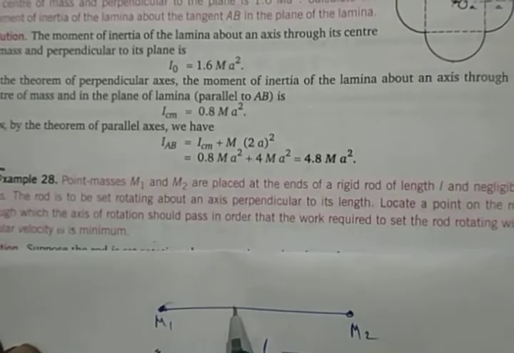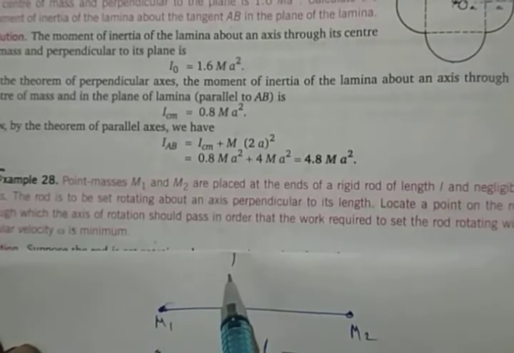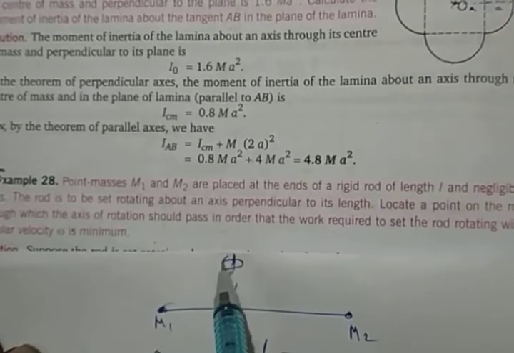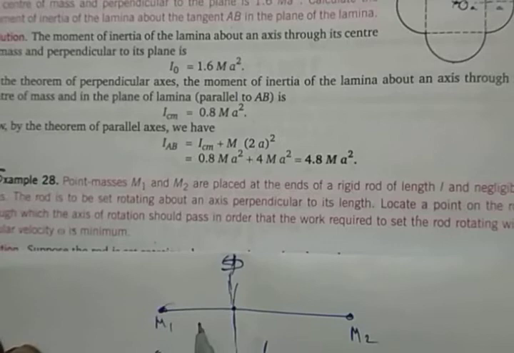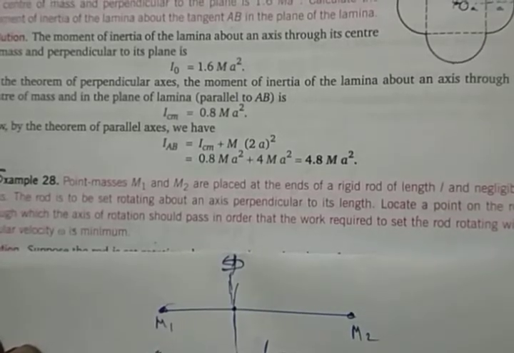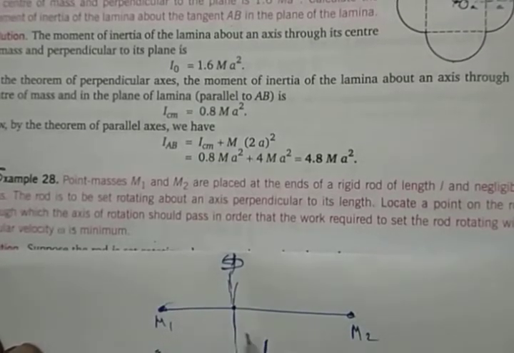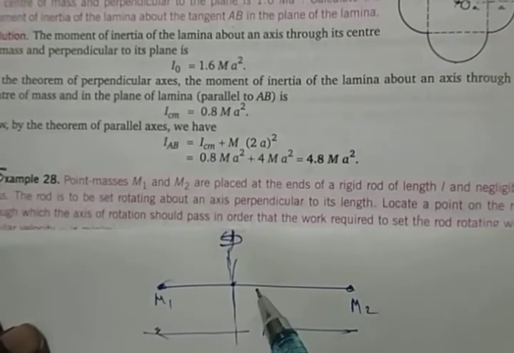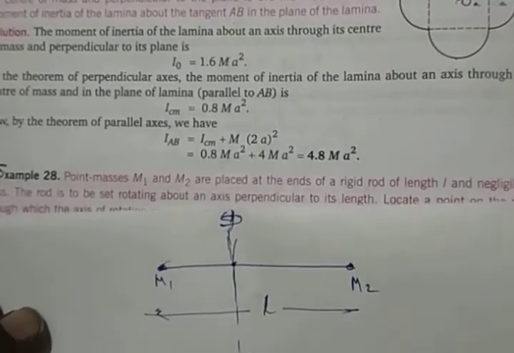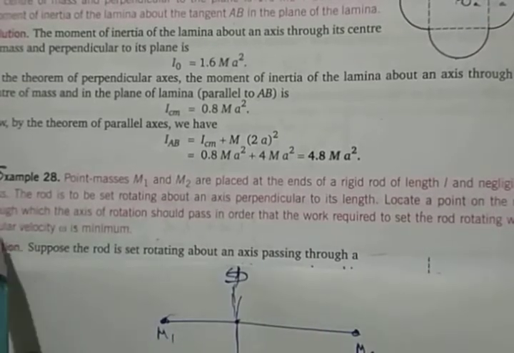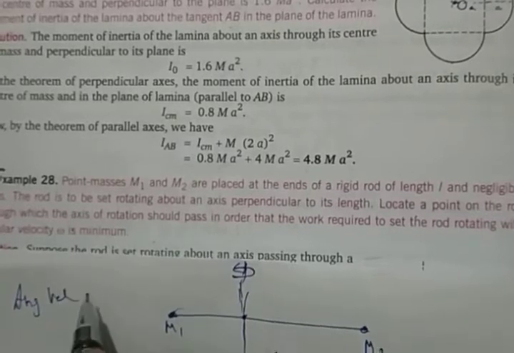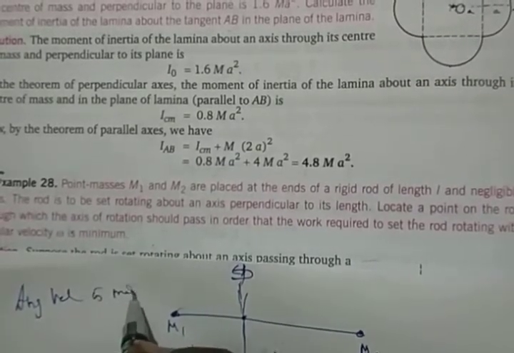Maybe you can locate any point where it should rotate. It could be in the center also, it's up to you, but locate the point where the work required is minimum.